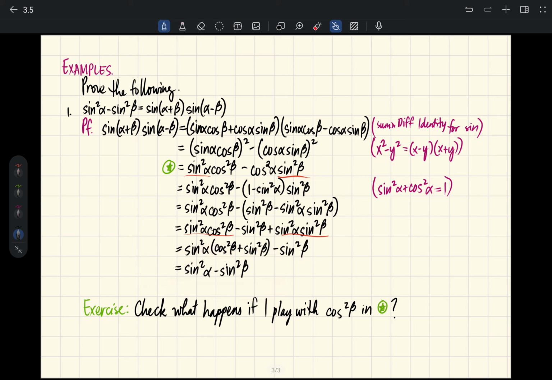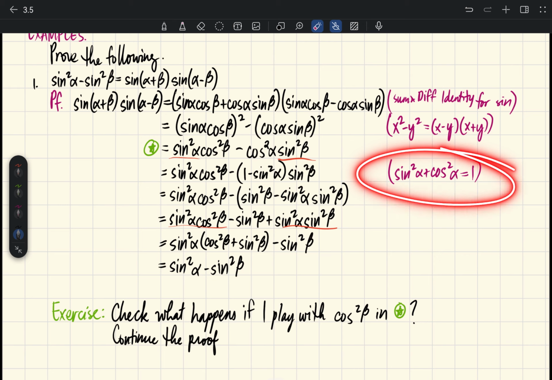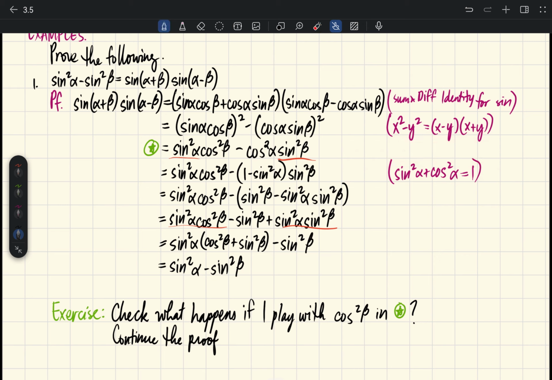And furthermore, you can also continue the proof by exploiting this identity right here to show that sine of alpha plus beta times sine of alpha minus beta is also cosine squared beta minus cosine squared alpha.